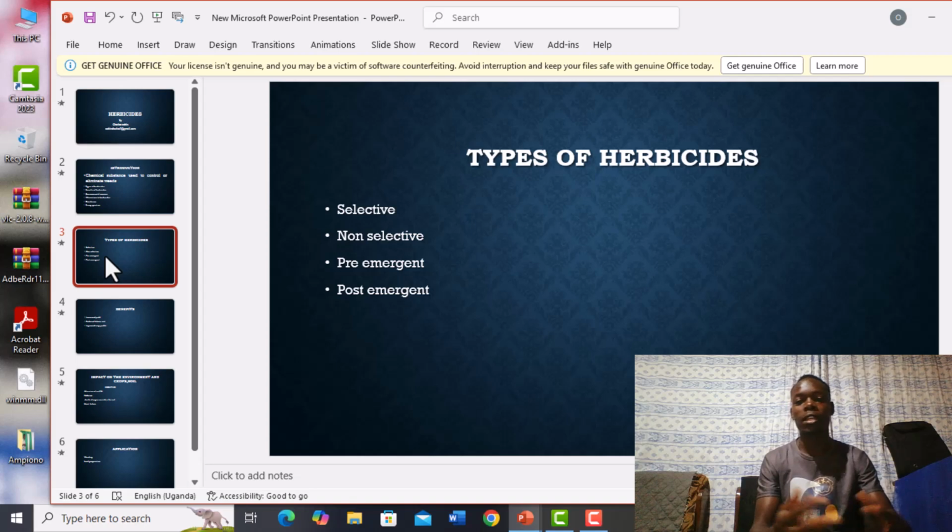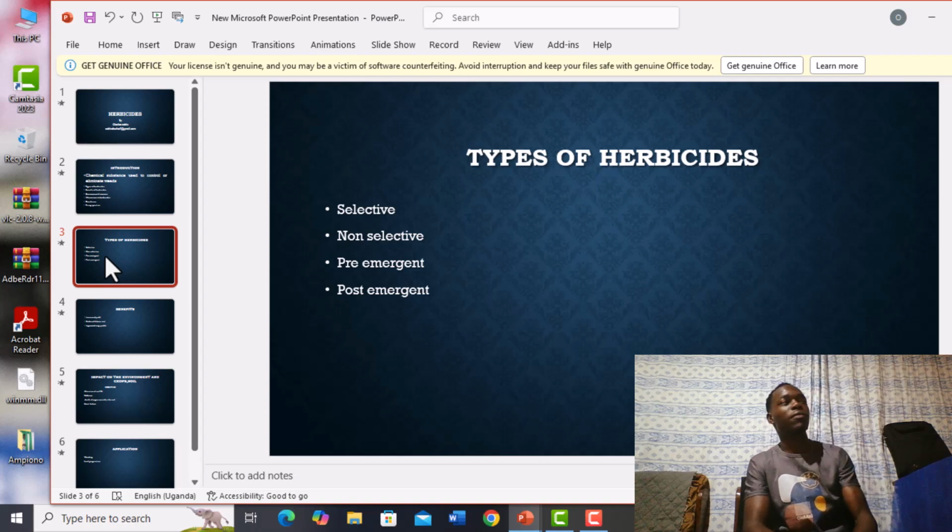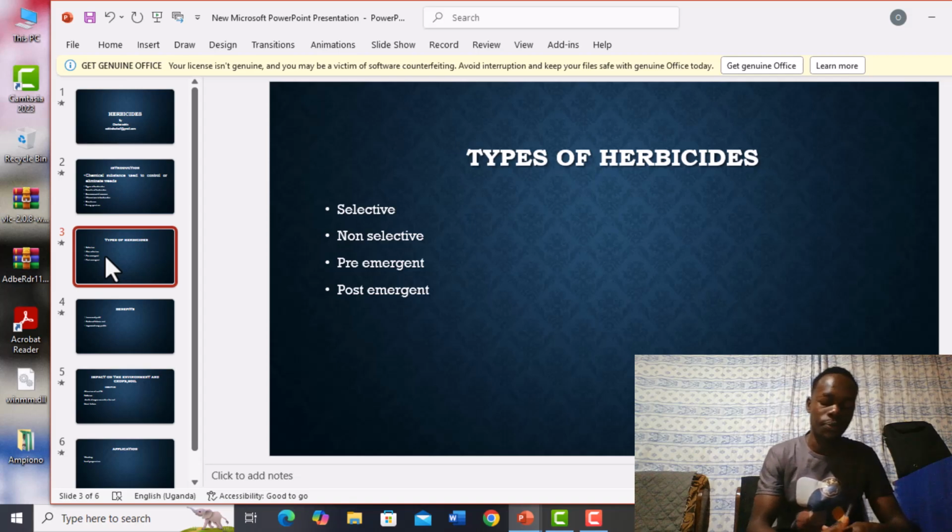It will not kill any other type apart from the targeted. And the non-selective are those that kill everything, that eliminate all types of weeds, and even if the crops are there, they can also kill them all.